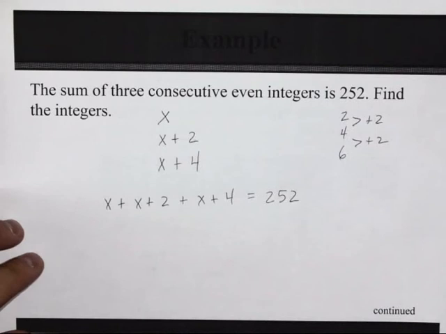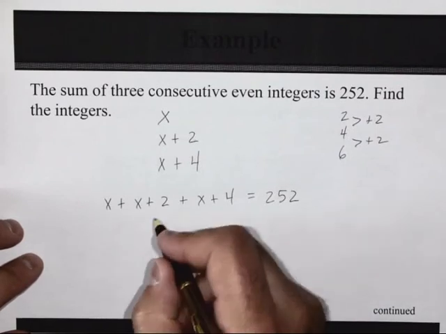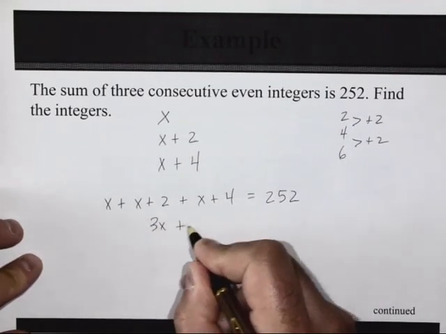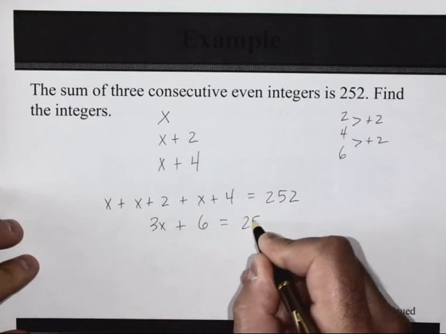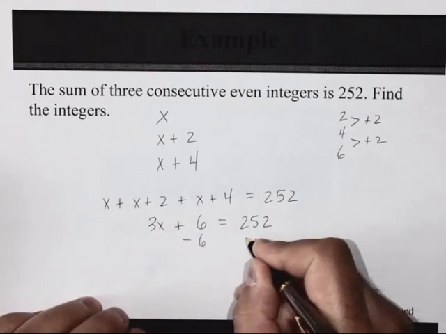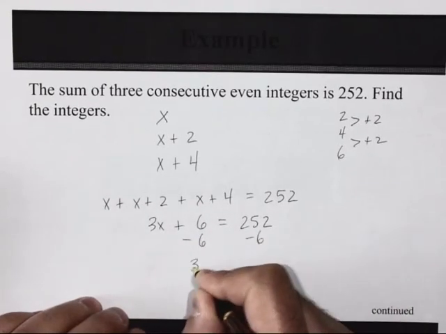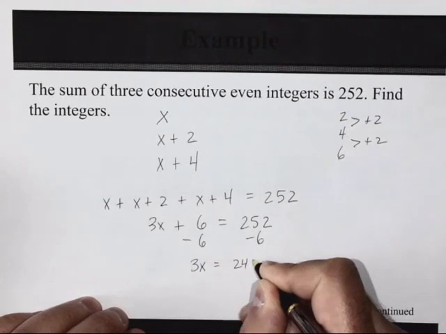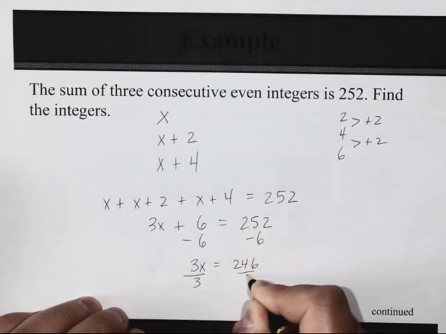So then 3x plus 6 equals 252 when I combine the like terms. Subtract 6 from both sides. Divide by 3.